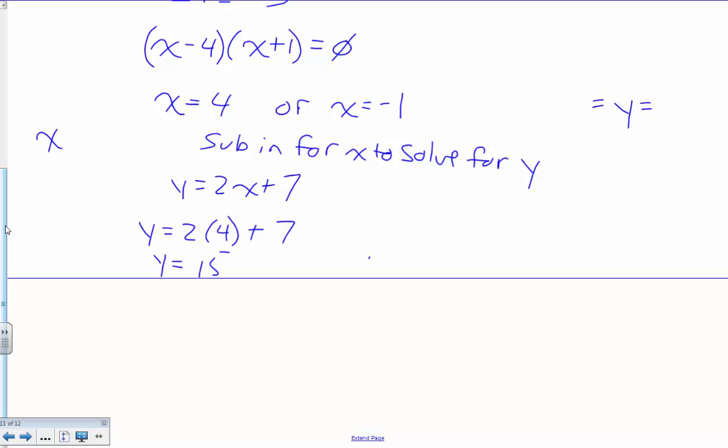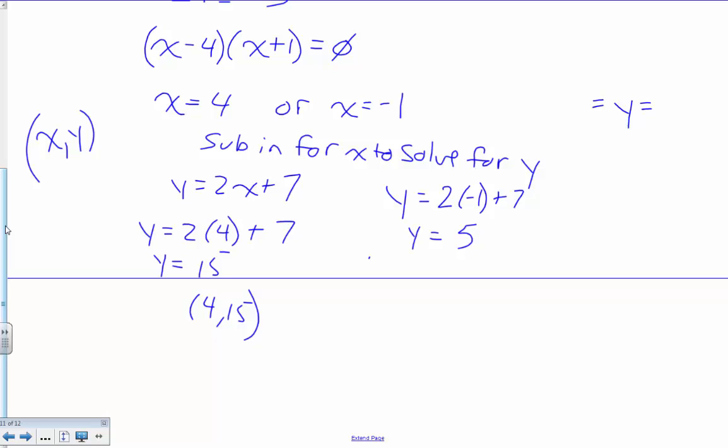A coordinate point or ordered pair is always written x, y, so we're going to have (4, 15). And then we also have y equal to 2 times -1 plus 7 equals 5. So we have another point at (-1, 5).